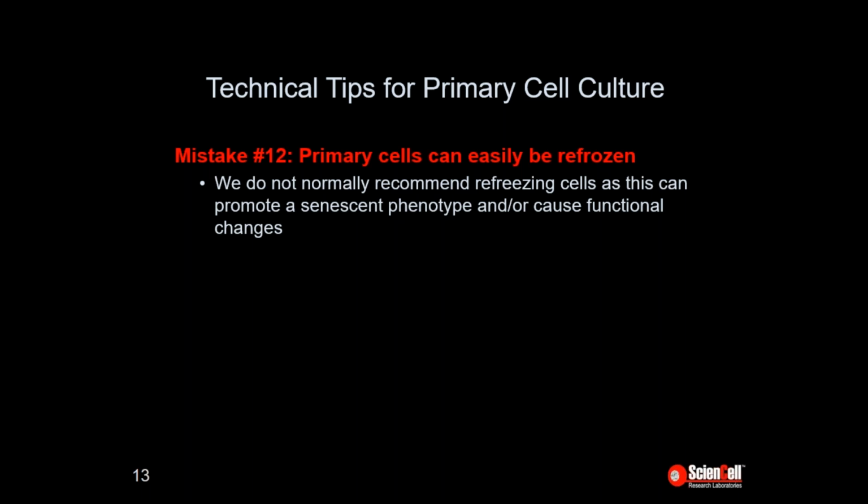Often, researchers believe that primary cells can easily be refrozen. Normally, we do not recommend refreezing the cells, as this can promote a senescent phenotype and/or cause functional changes. Freezing primary cells is really a tricky process, and when done improperly may cause substantial cell death.